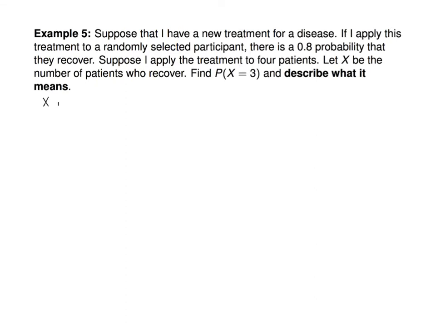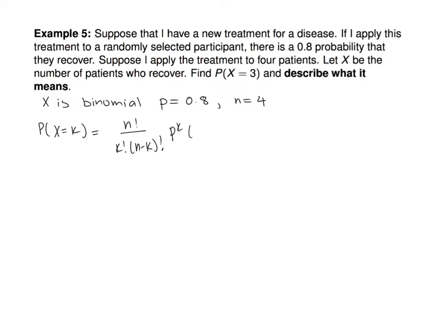Well, X is a binomial random variable with success probability 0.8 and n equals 4. So remember, the probability that X equals a specific k value is n factorial over k factorial times n minus k factorial, times p to the k, times 1 minus p to the n minus k.